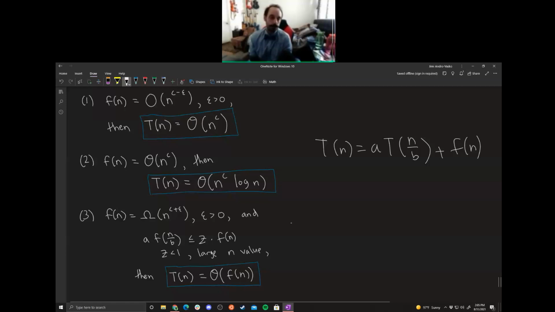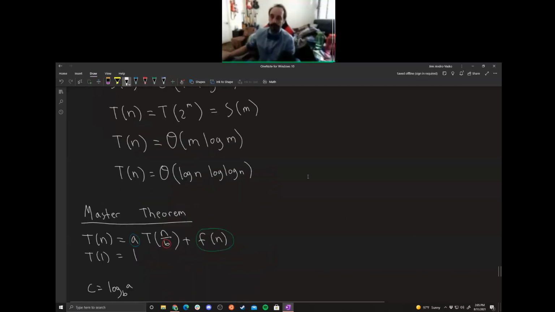Now some of the problems on the homework you really can't use the Master Theorem on. For example, that antiderivative method, you can't apply Master Theorem on that one. And the square root method, or that substitution method, you can apply it, but not on the whole problem. Let me scroll up for a second here.